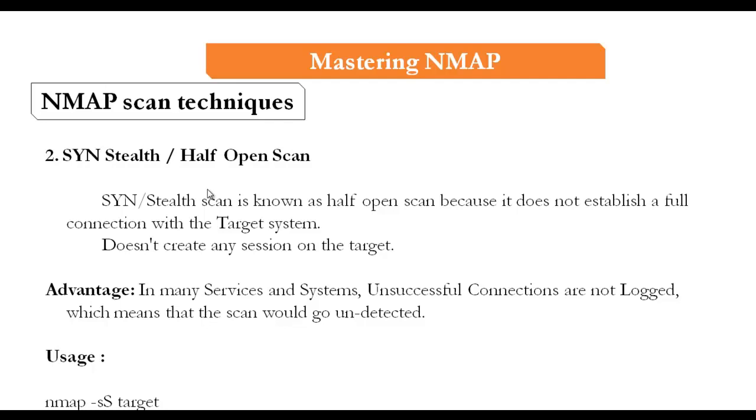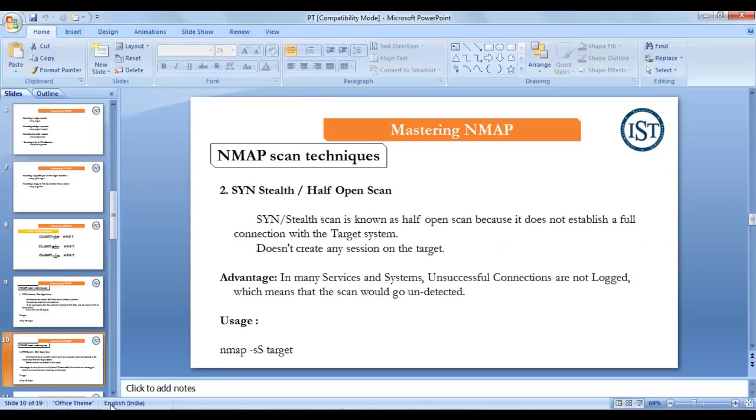It is known as half open scan because it doesn't establish a full TCP handshake with the target system, and it doesn't create any session on the target, so the scans we perform will not be logged on the target system. This is the advantage of the SYN stealth scan, and the usage is nmap -sS target.